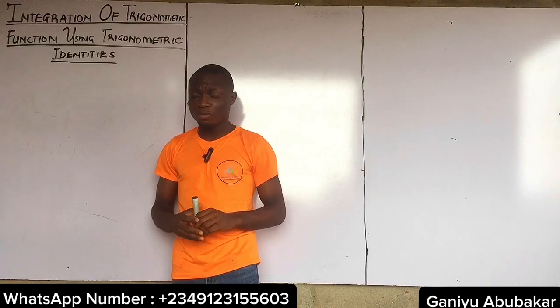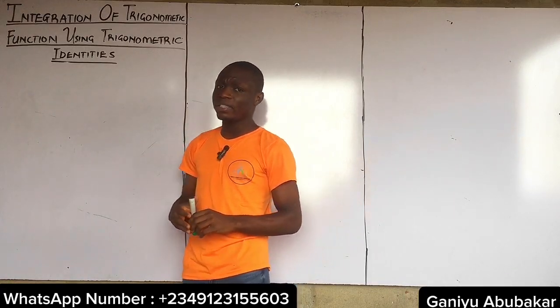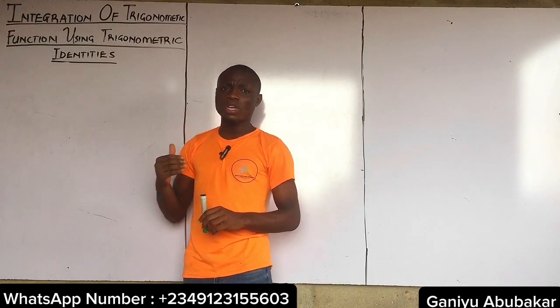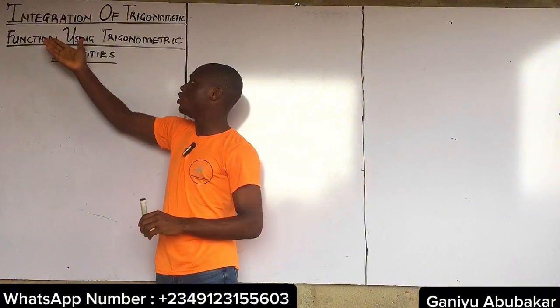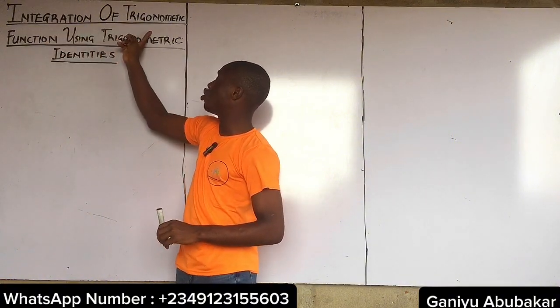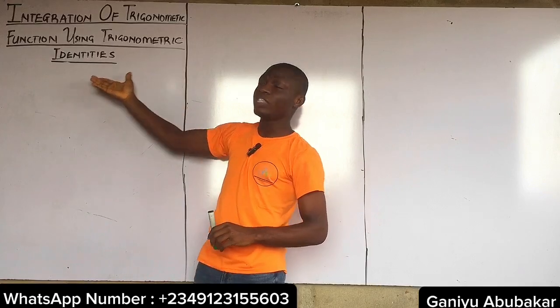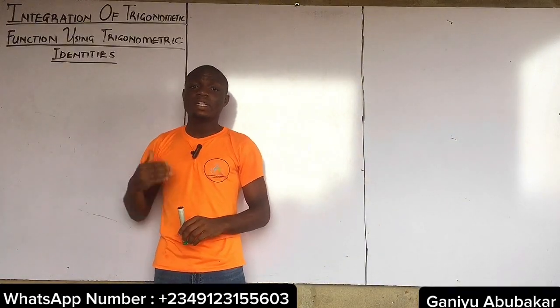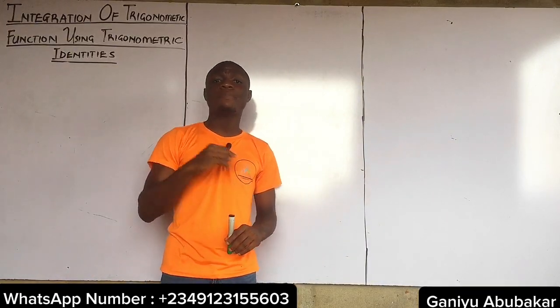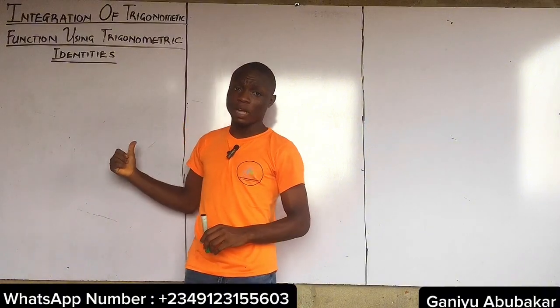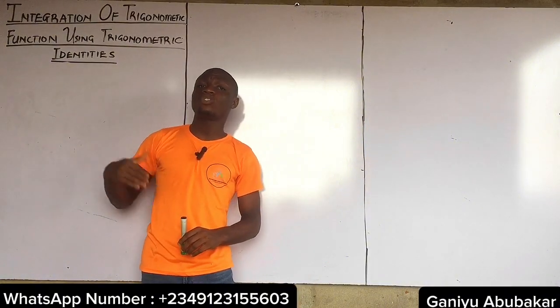For this class, we're discussing the concept behind case 2 under the integration of trigonometric functions using trigonometric identities. In our last class, I told you that there are about 4 cases for this concept. We have discussed case 1.